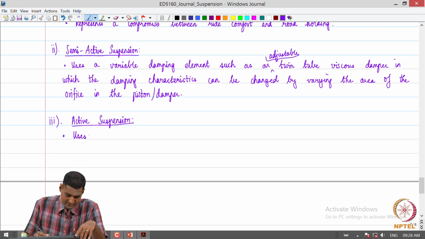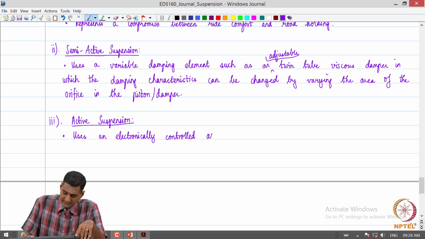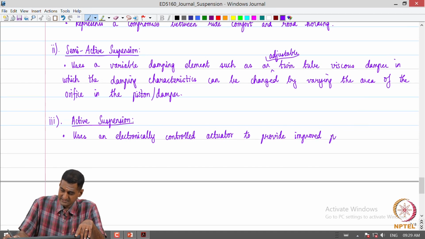So, an active suspension uses an electronically controlled actuator to provide improved performance.